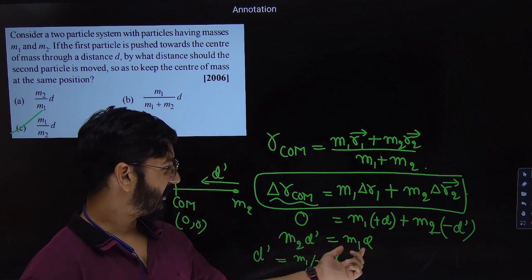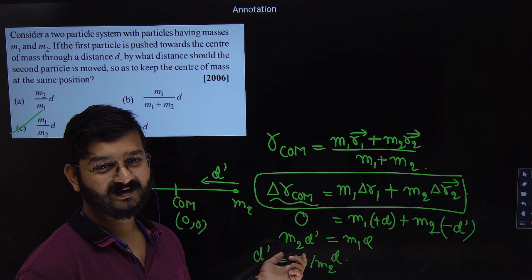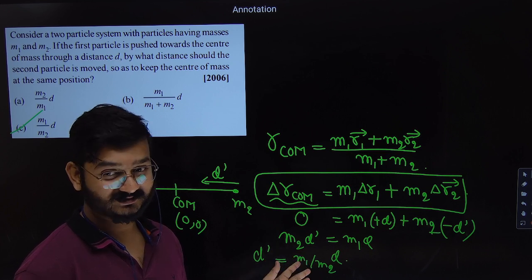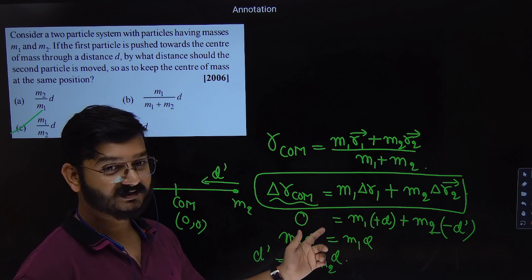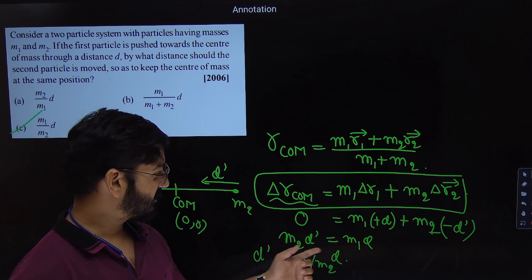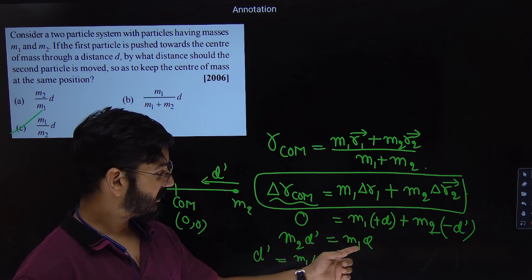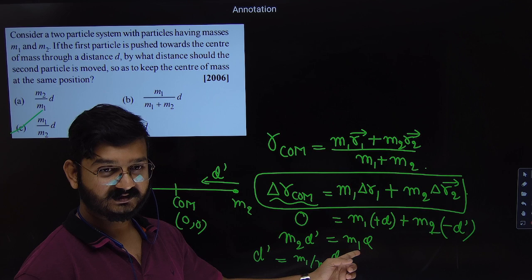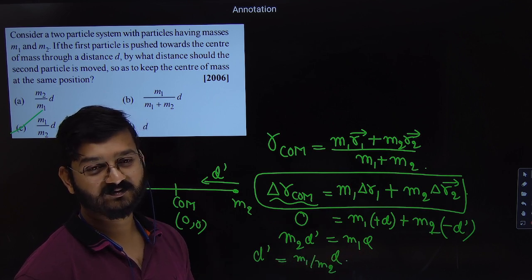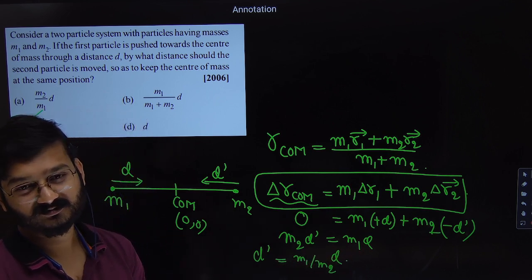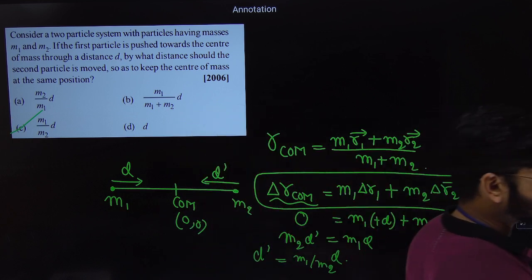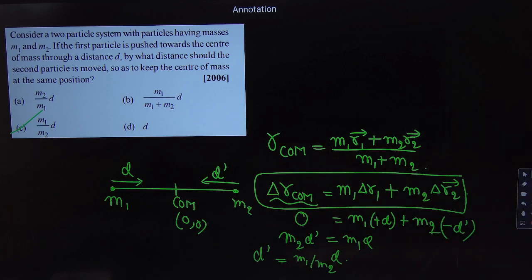So m1 d1 equal to m2 d2, you already know this. Only the way we approach is different. If I differentiate both sides, this will become v1, this will become v2: m1 v1 equal to m2 v2. Any doubt, students? Anyone?